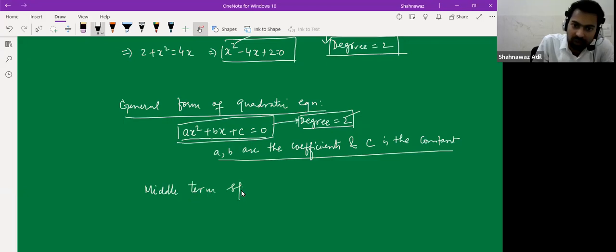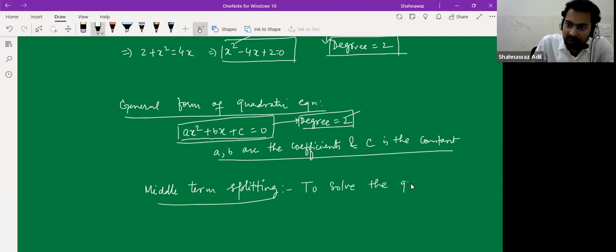Yes. So in middle term splitting, we learned that to solve the quadratic equation, we split the middle term with certain conditions, right?